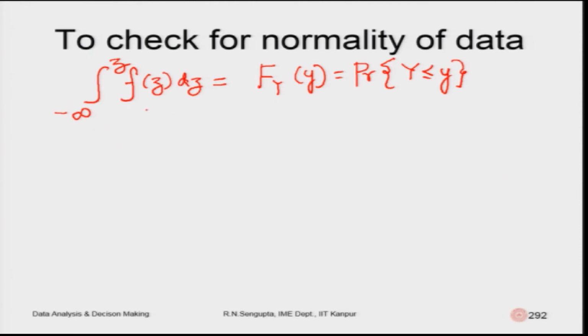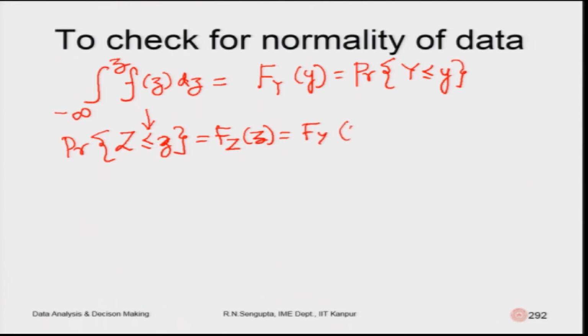So, this is also equivalent to probability of capital Z less than or equal to small z. So, this is equal to capital Z, small z is equal to capital Y. This is what we want to ensure. Probability of Y is equal to y.